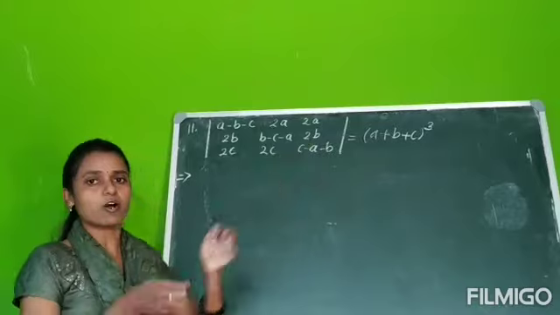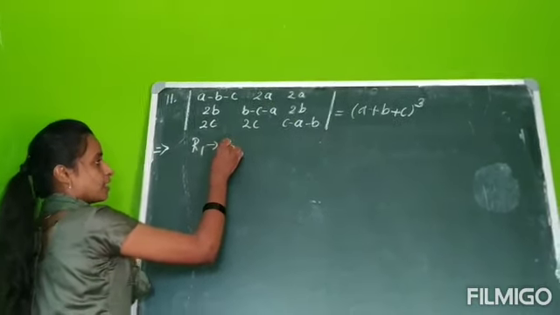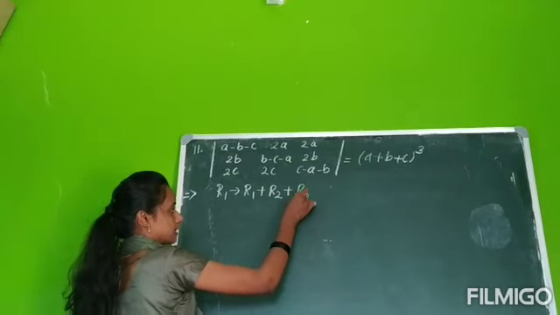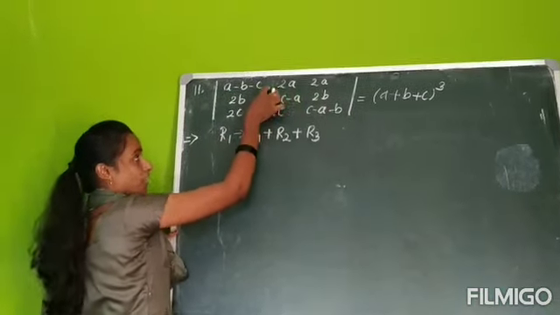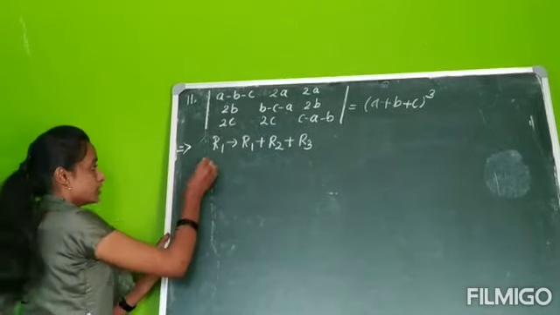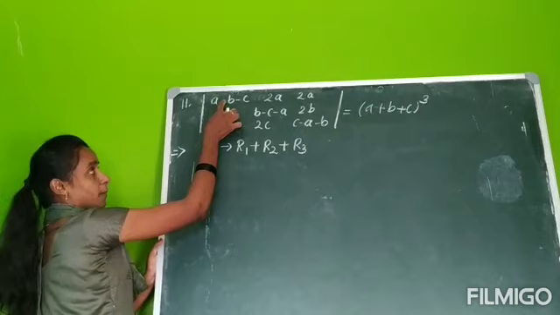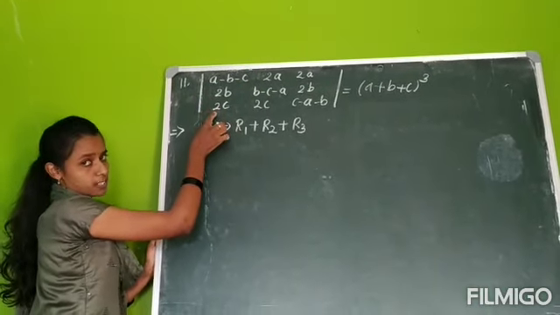So I will go with the operation R1 implies R1 plus R2 plus R3. In the first row, for the corresponding elements, you have to add both the second row and the third row corresponding elements. Then you will get a minus b minus c plus 2b plus 2c.